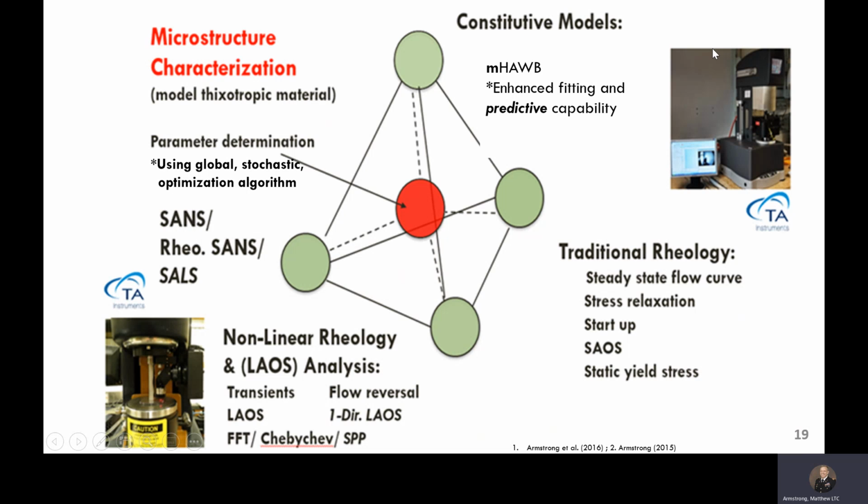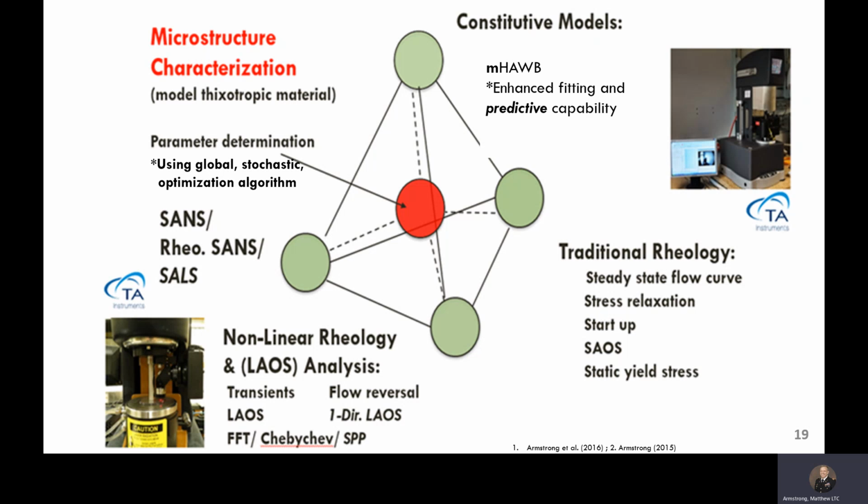So we are going to actively engage with the soft matter characterization tetrahedron. And so here, ultimately, what we're trying to do, and the item that ties the four corners together, is some greater understanding of the microstructure.